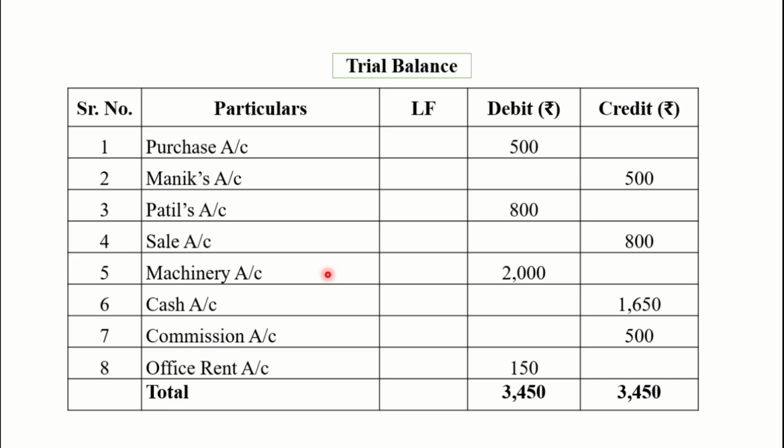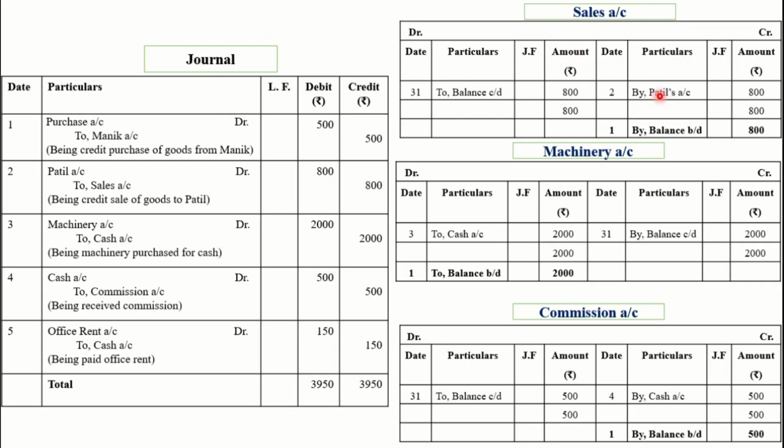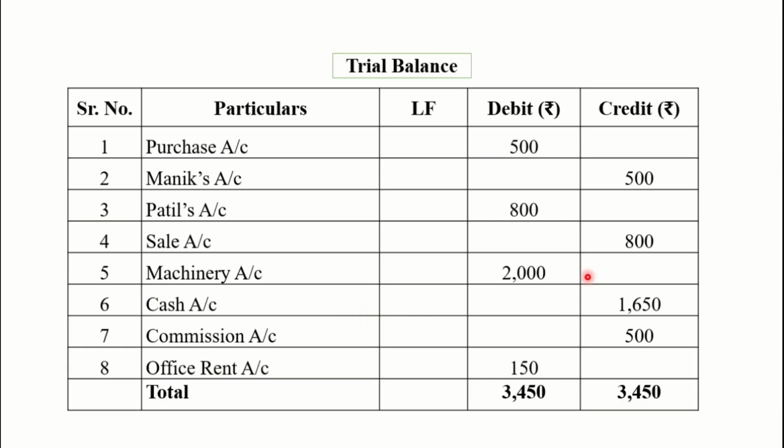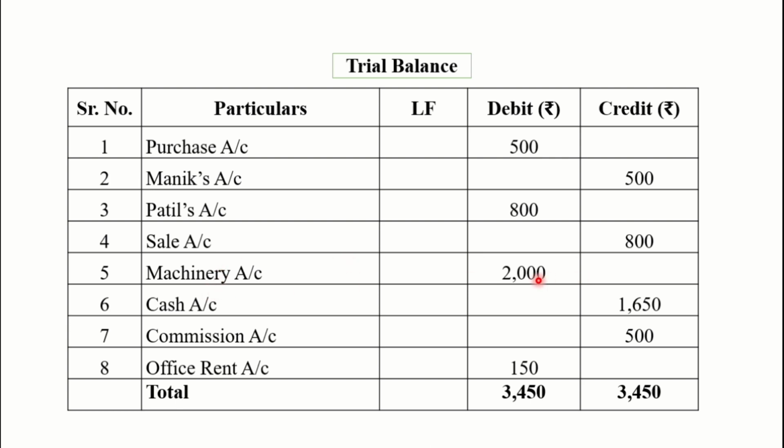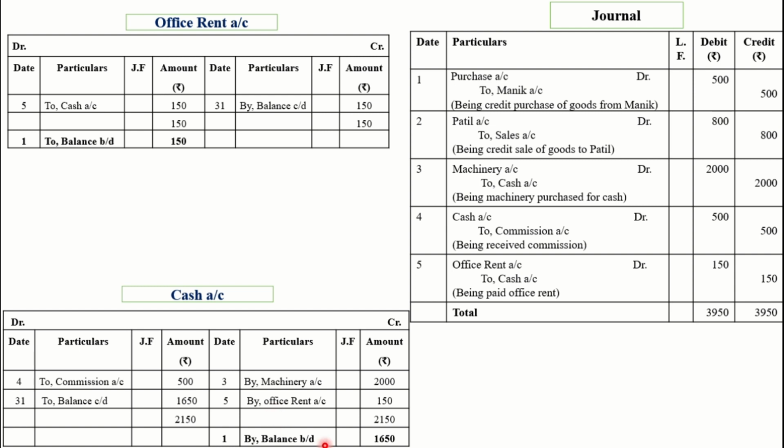Sales account. Here, the sales account brought down entry is on the credit side. That's why sales account is credited. Machinery account entry is on the debit side, 2000. Cash account brought down entry is on the credit side.